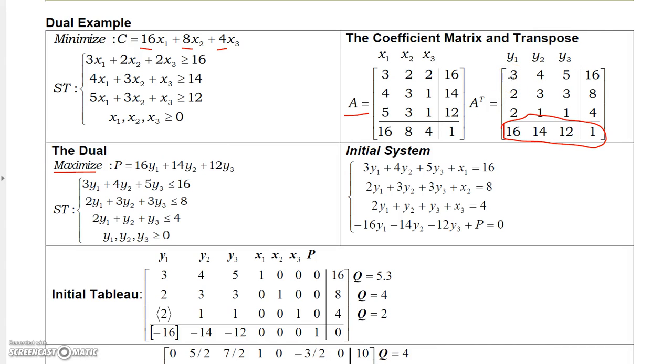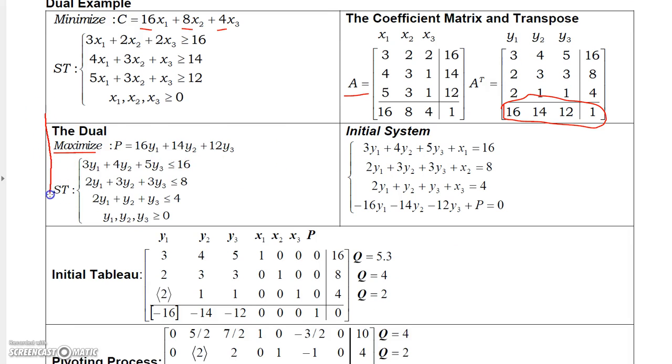Now remember, I'm converting to a standard maximization problem, so these constraints must be written in less than or equal to form. So 3y1 plus 4y2 plus 5y3 is less than or equal to 16. 2y1 plus 3y2 plus 3y3 is less than or equal to 8. And then 2y1 plus y2 plus y3 is less than or equal to 4. And again, there's the dual problem.